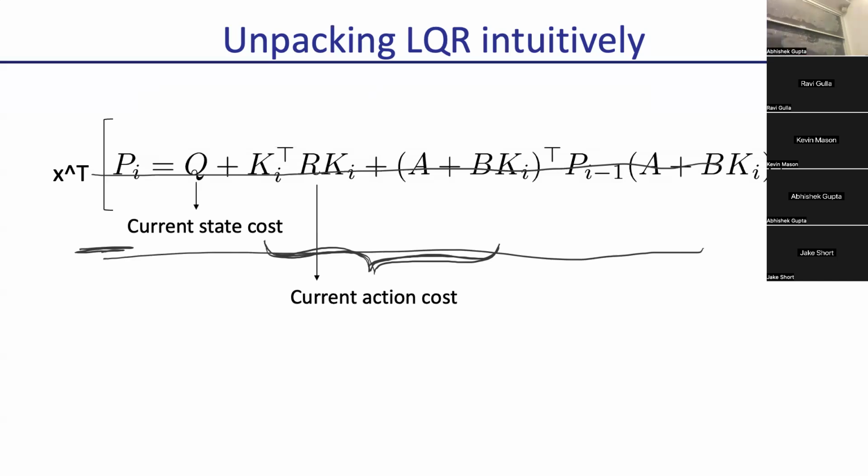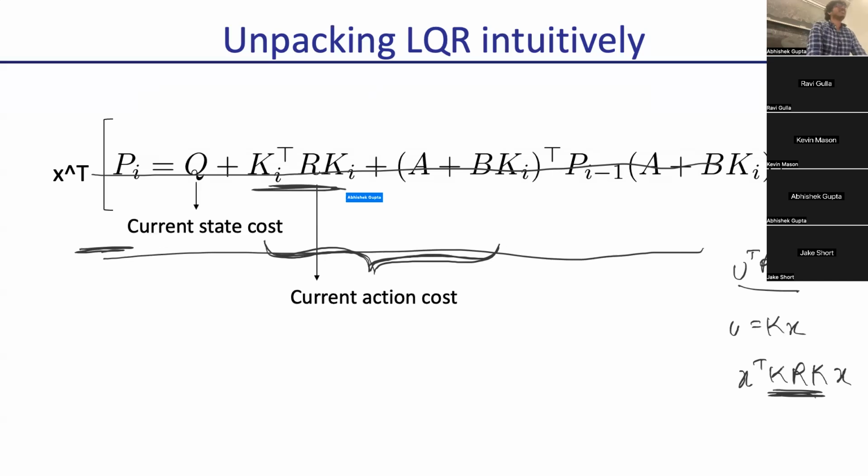The second term is the current action cost. If you remember, our action cost is U transpose RU. But U is equal to KX, which means that U transpose RU is now X transpose K transpose R K X. So it's literally the control cost at your current time step when you're acting according to the feedback control.